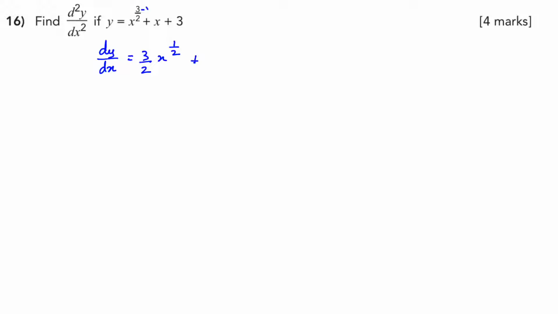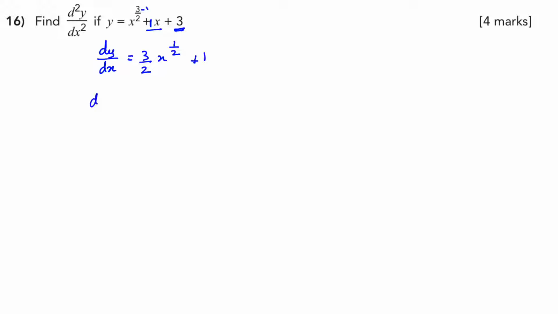Whenever you differentiate x, the answer is the number before x. In this case, it is 1, so it's going to be 1. And when you differentiate a constant, that is anything without x, it's going to be 0.